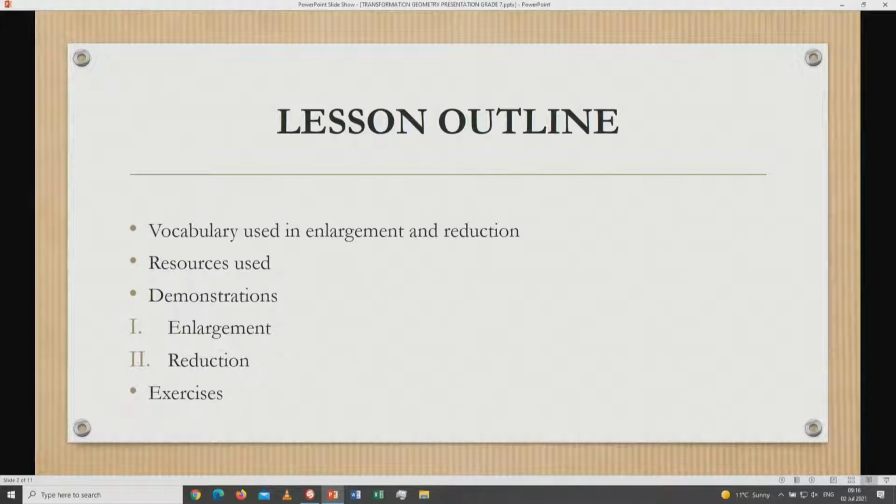Also, we need to understand what resources I must have so that I can do this part of transformation. And then we are also going to touch on demonstrations. We are going to do enlargement practically. We are going to do reductions practically. And then there will be a lot of exercises so that we can understand it thoroughly.